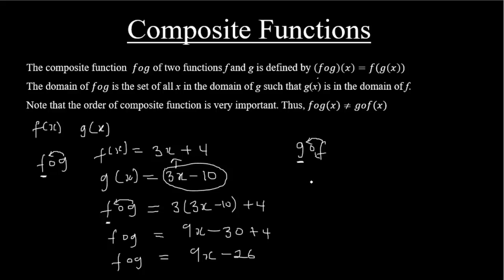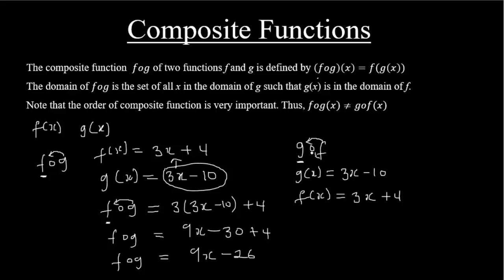So let me repeat it: g of x is 3x minus 10, and the function f is also given to be 3x plus 4. So the focus is g of f.